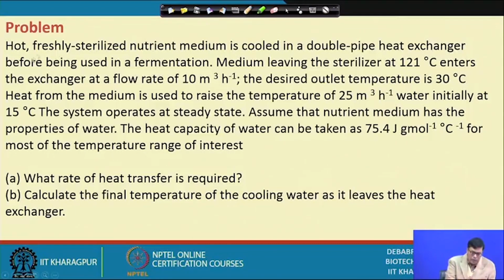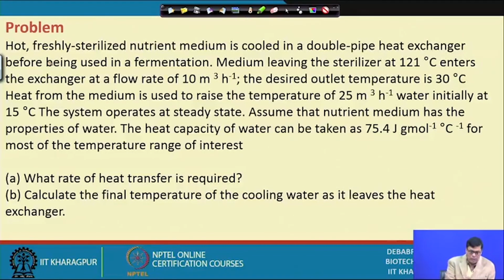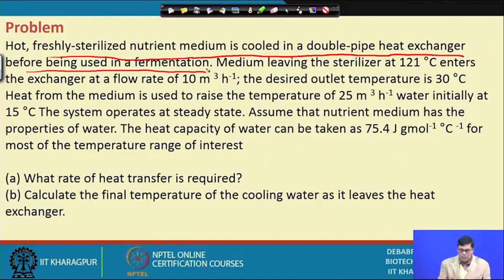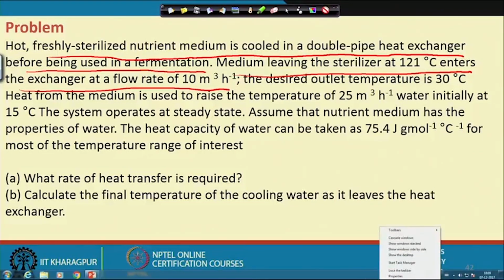Now, what does the problem say? Hot freshly sterilized nutrient media is cooled in a double pipe heat exchanger before being used in the fermenter. The media leaves the sterilizer at 121 degrees centigrade, which we know is the usual sterilization temperature, and the flow rate is 10 cubic meter per hour.